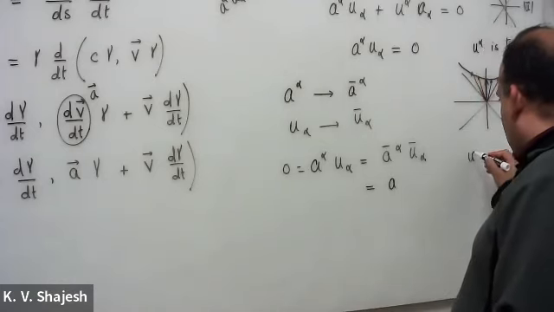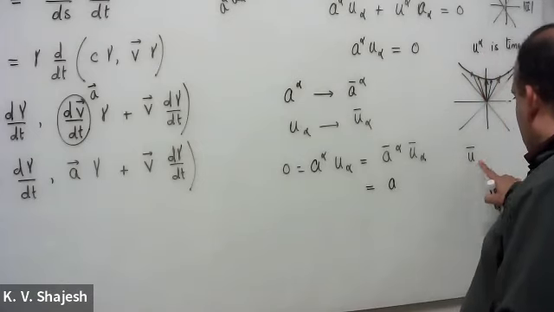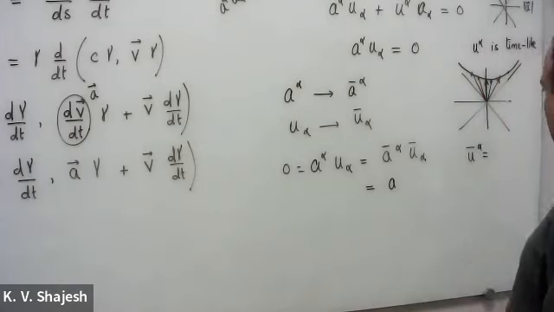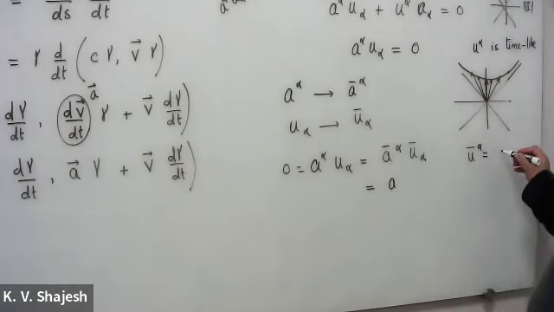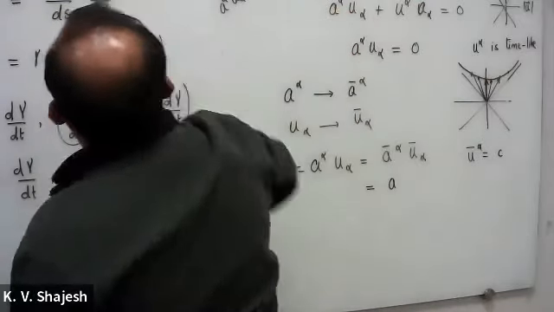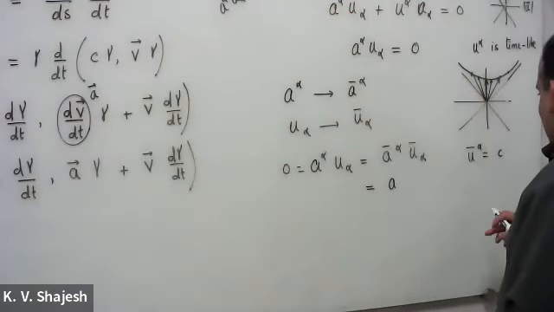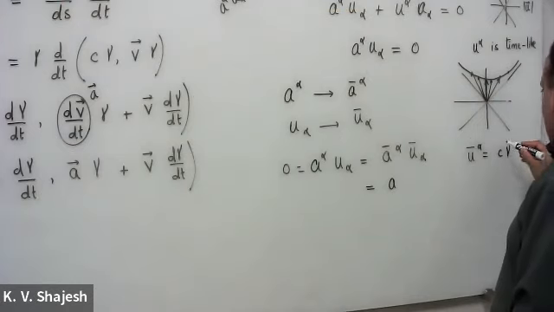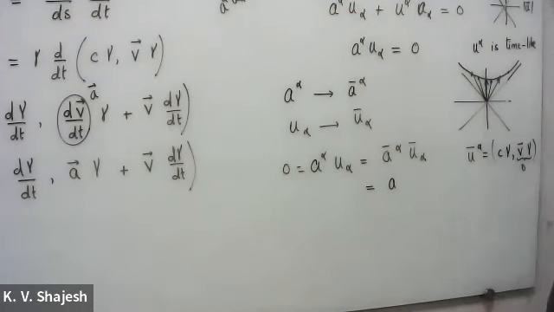So let's say U bar alpha, upstairs, is equal to C times, that is my C times gamma. So basically it's in the rest frame. So it's C times gamma times V times gamma. I want this to be 0. So I want to go to the frame in which that's 0, which is that frame. In this case, it is obvious that you have to be in the rest frame. So that's equal to C comma 0.